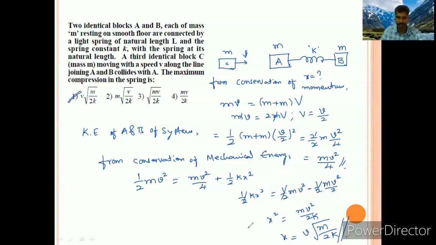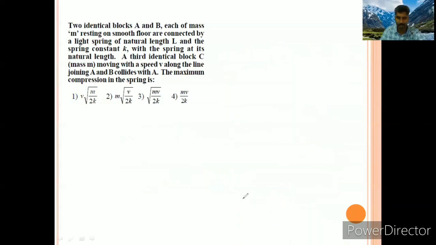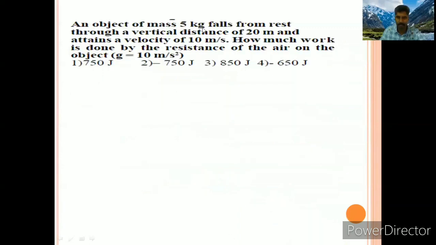Next problem. An object of mass 5 kg falls from rest, u is equal to 0, through a vertical distance h is equal to 20 meters, and attains a velocity v is equal to 10 meters per second.